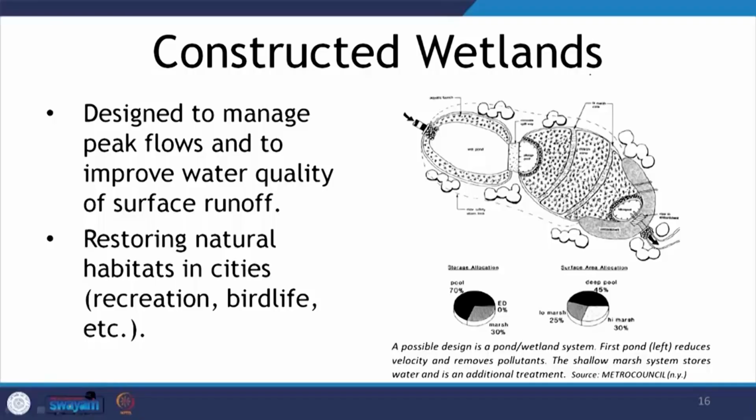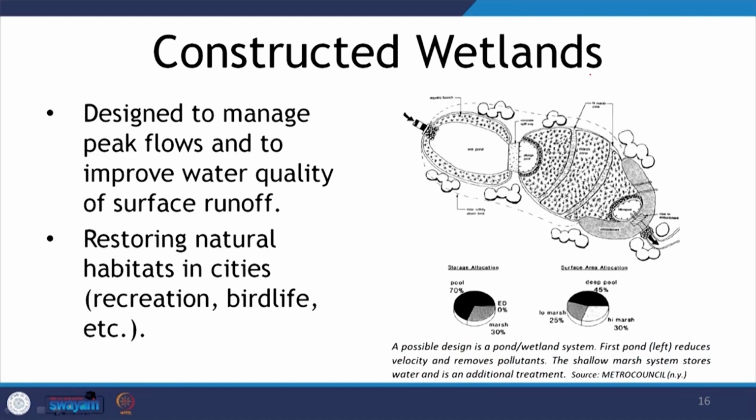Green roofs also help from the stormwater point of view, because they absorb water and they reduce the flow of water on a surface. So, they help in both ways.